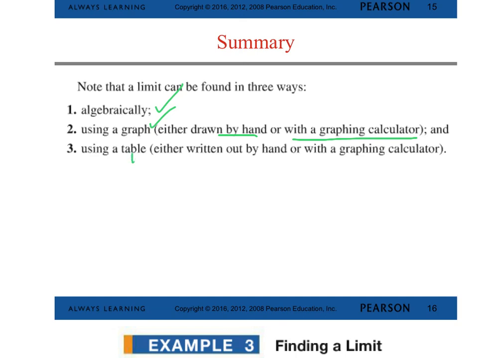Or using a table, and again, you can either write it out by hand or you can make it with the help of a graphing calculator. At this point, I'm going to stop the recording, and I'm going to complete this in parts so that none of the parts are too long.